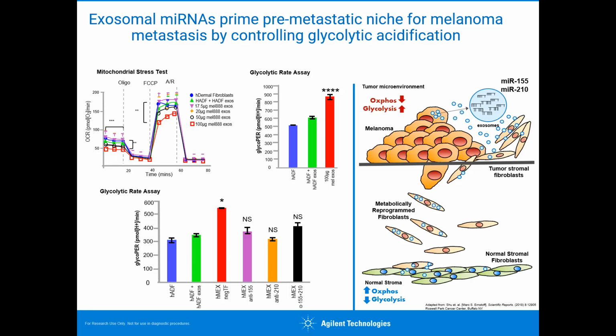So this example highlights three things that are quite important. First, understanding that the pre-metastatic niches need an acidic environment, you can look for glycolysis in tissue stroma for evidence of new metastatic sites.